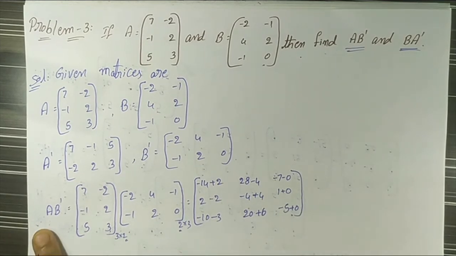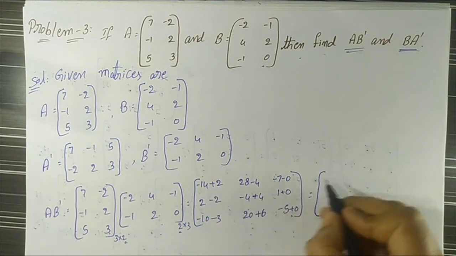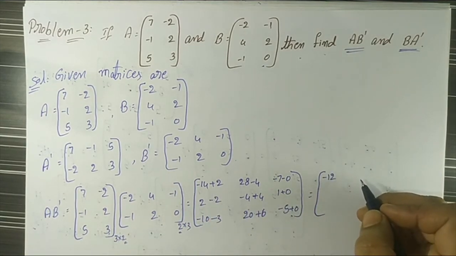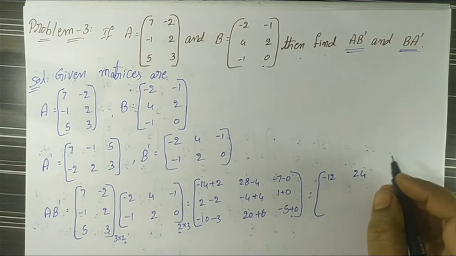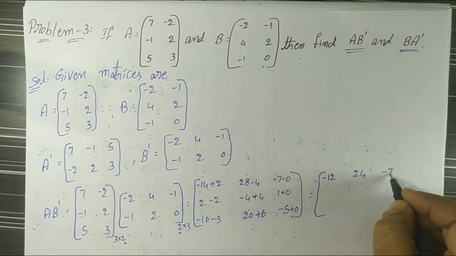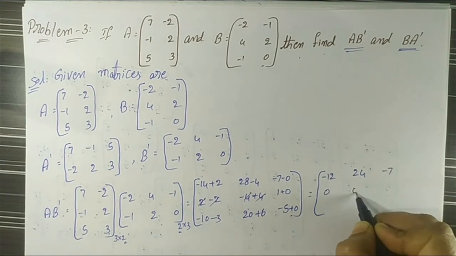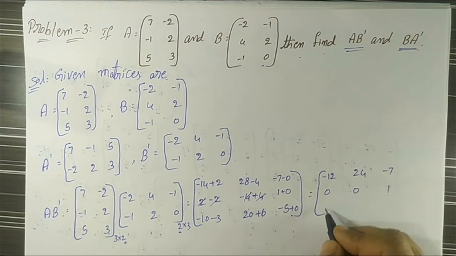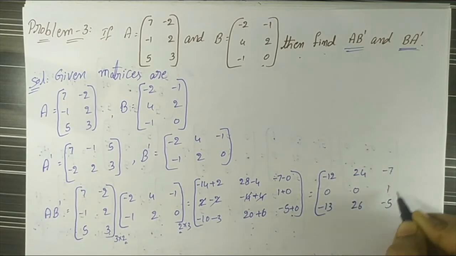This is A into B dash value, that is equal to minus 12, 28 minus 4, 24, minus 7 plus 2, minus 2 get cancelled, 0, plus 4 minus 4 get cancelled, 0, 1 plus 0, 1, minus 13, 26, minus 5.